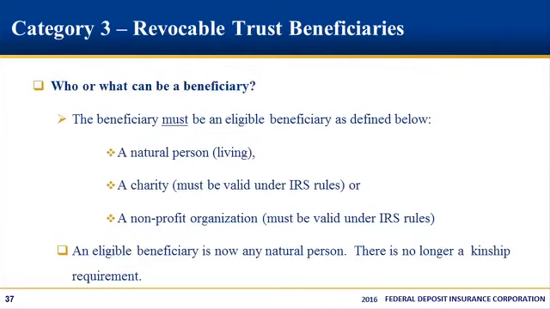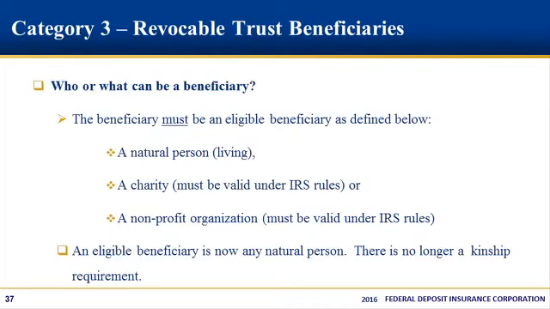In other words, when the owner of the trust passes away, who has he or she designated to receive the trust assets? For deposit insurance purposes, a beneficiary must be an eligible beneficiary. The definition of an eligible beneficiary has been expanded to include any natural person or either a charity or nonprofit organization recognized as such by the IRS.